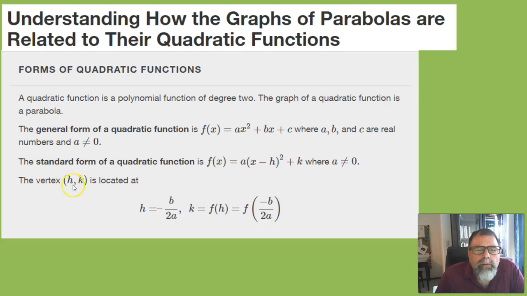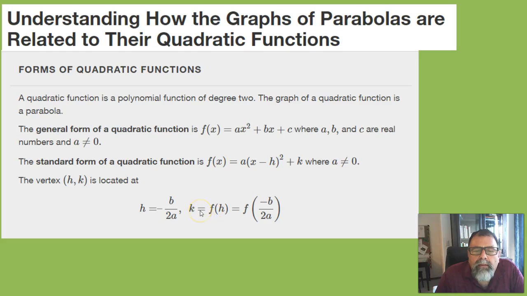Okay, so again, the vertex is going to get moved to h, k. If it's given in the general form, ax squared plus bx plus c, you can find the vertex to convert it to the standard form. h will be just the opposite of b, over 2a.